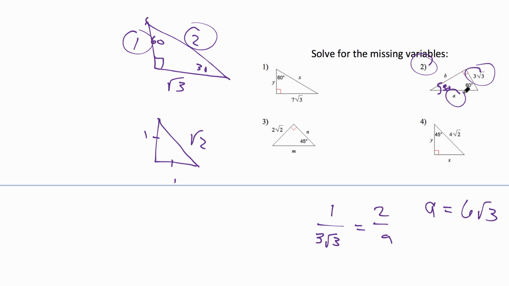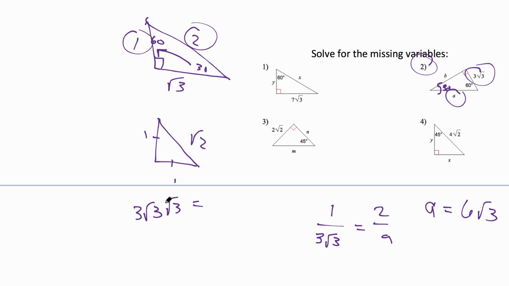For b, I know that b is the side across from 60, and that is just whatever the side across from 30 is times radical 3. So I can take this side here, 3 radical 3, multiply it by radical 3, and I get, what do we get there?